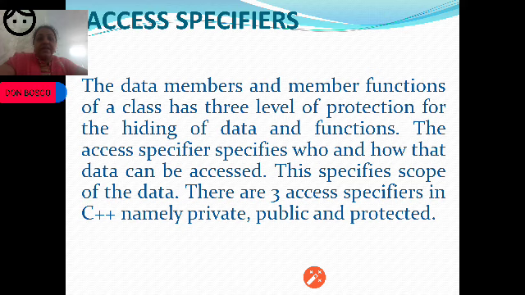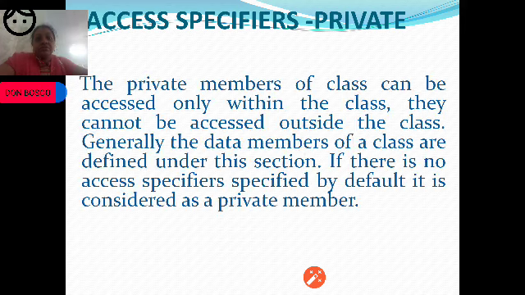The three access specifiers supported in C++ are private, public and protected. Let us discuss each of them in detail. First, let us have a discussion on the access specifier private.